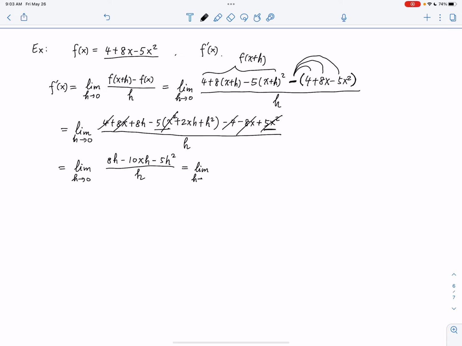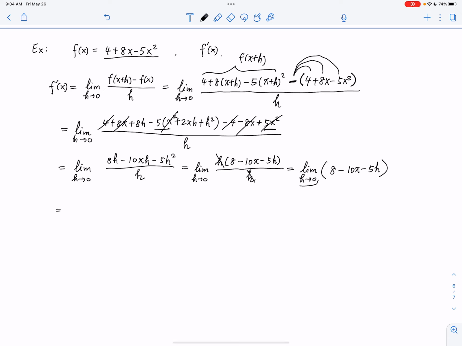All three terms in the numerator have h, so you can take out this h and divide by h, and the h cancels. You have the limit as h goes to 0 of 8 minus 10x minus 5h.